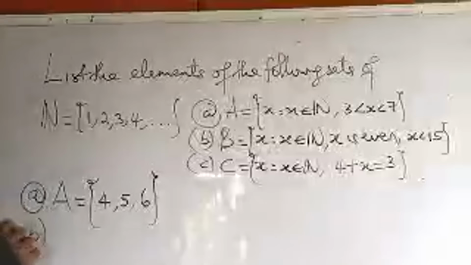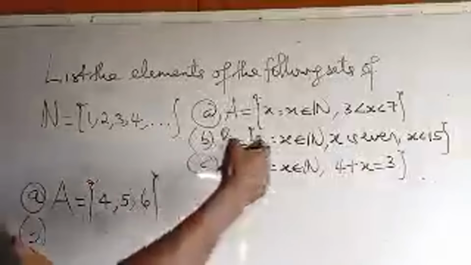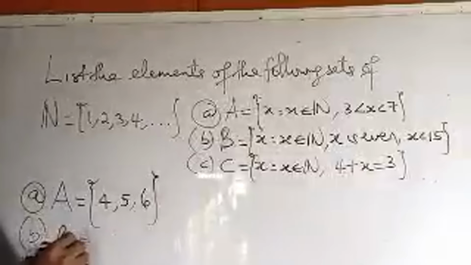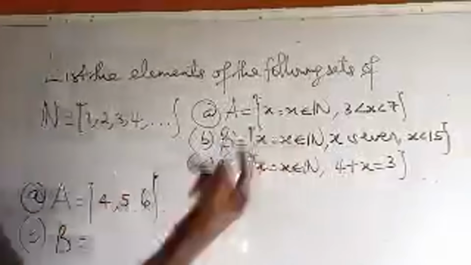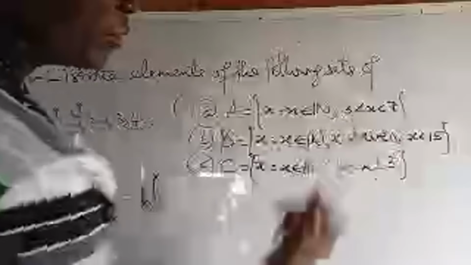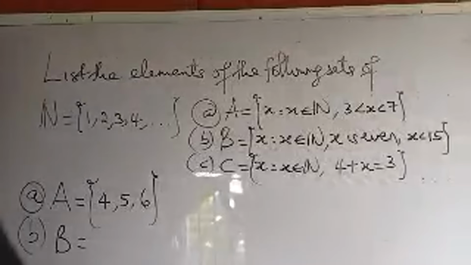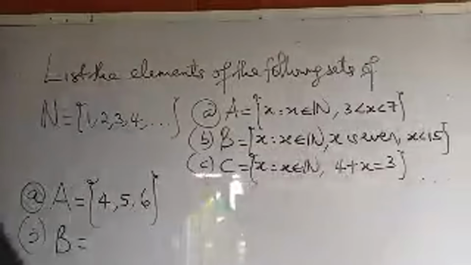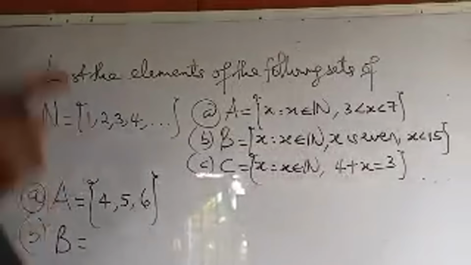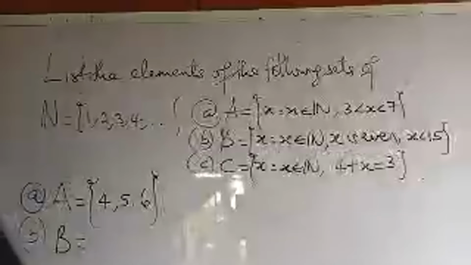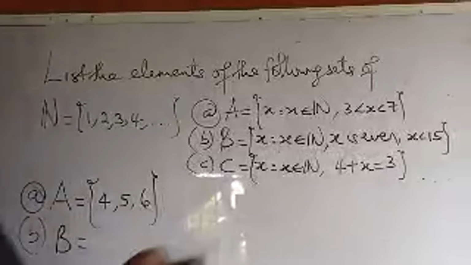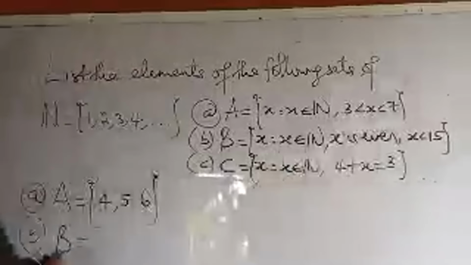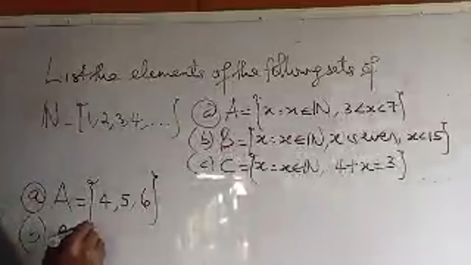The second one says B is a set such that x is a natural number, and x is even, and x must be less than 15. Natural numbers start from 1, and 1 is not even, so we start with 2.